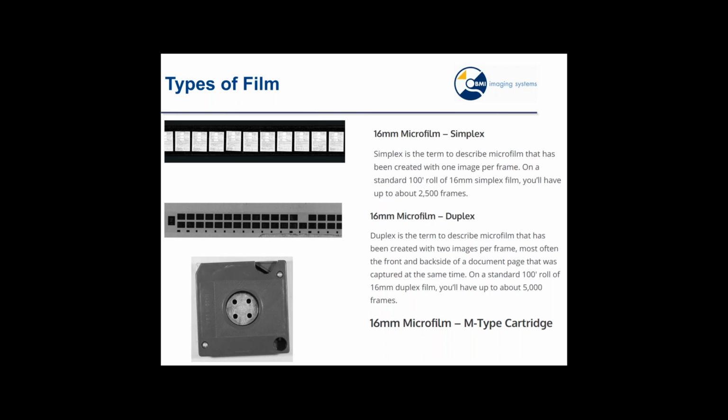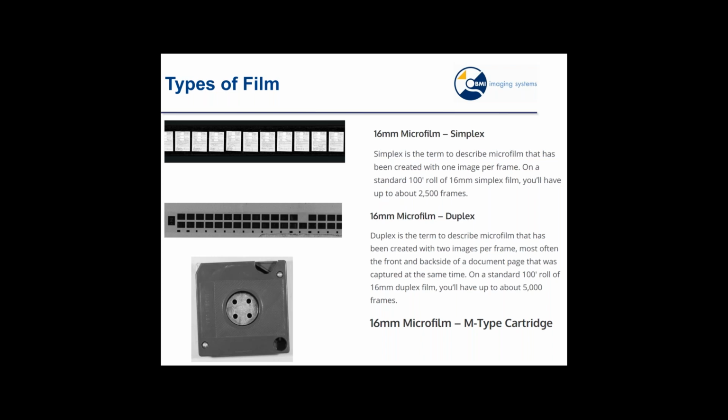So unless you've seen 215 and 100-foot rolls, you probably aren't going to know the difference in the thickness. But if you do notice that this roll of film is much thinner than the others, that's probably a 215. The 215-foot roll is going to have possibly double the number of images that a 100-foot roll would have. So that will probably increase the price, maybe 50% or so. So if you have that, you're going to want to let us know so that we can prepare for that.